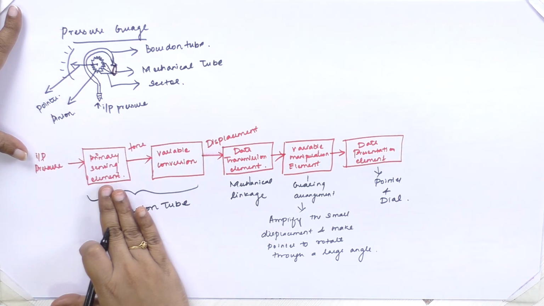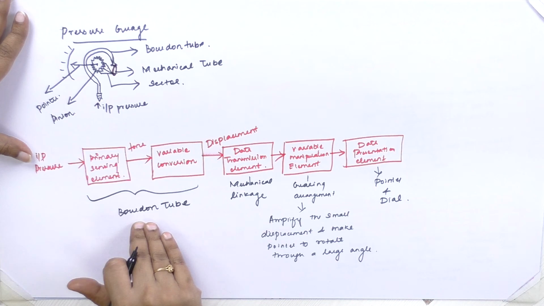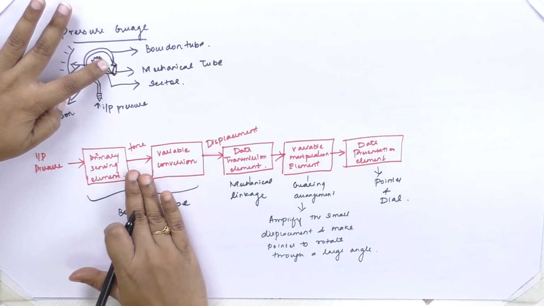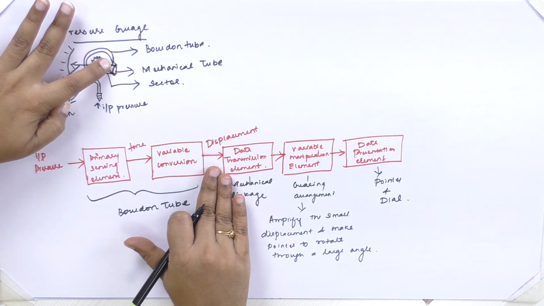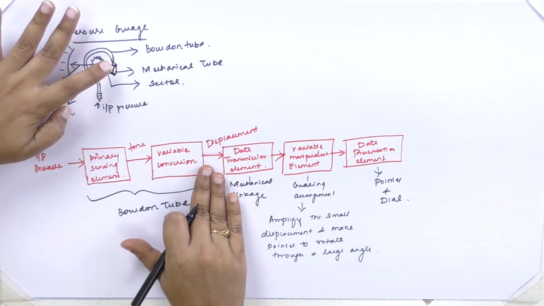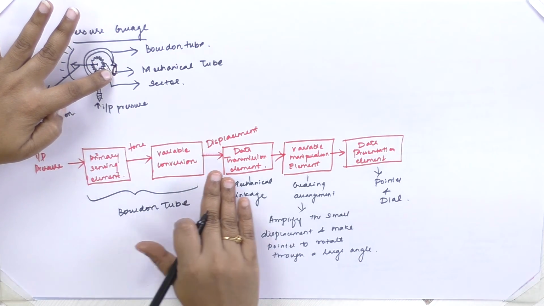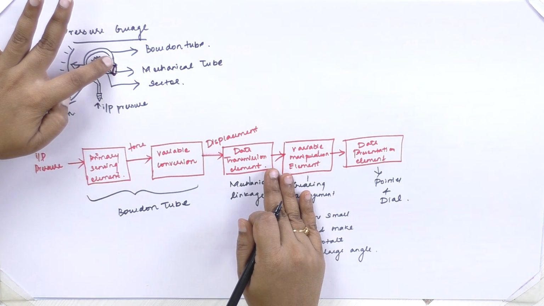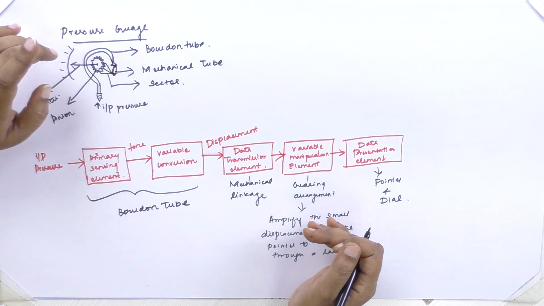Initially the primary sensing element senses the input pressure in the Bourdon tube and converts it into a force at the closed end of the tube, and this force will be converted into displacement at the closed end of the Bourdon tube. Next, the displacement makes this mechanical linkage move. So, the data transmission element will be the mechanical linkage, which transmits the displacement of the Bourdon tube.